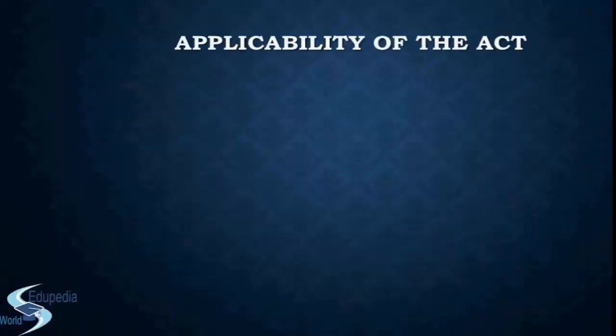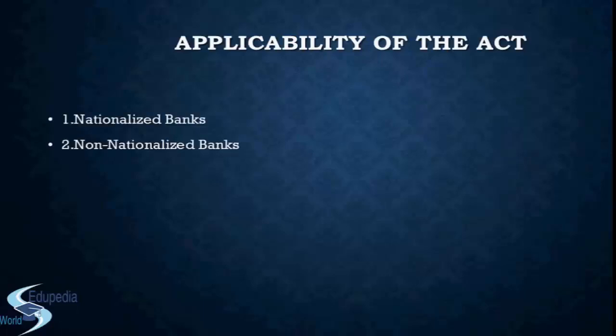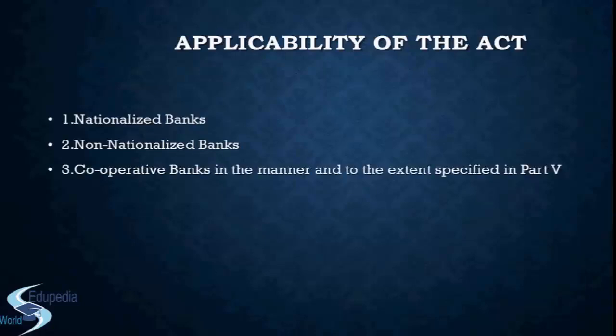So let us move ahead and see the applicability of the Act. Basically the Act applies on all the nationalized banks, even on the non-nationalized banks and the cooperative banks, and that too in the manner and to the extent specified in Part 5. Now there's a confusion. What are nationalized banks and what are non-nationalized banks?